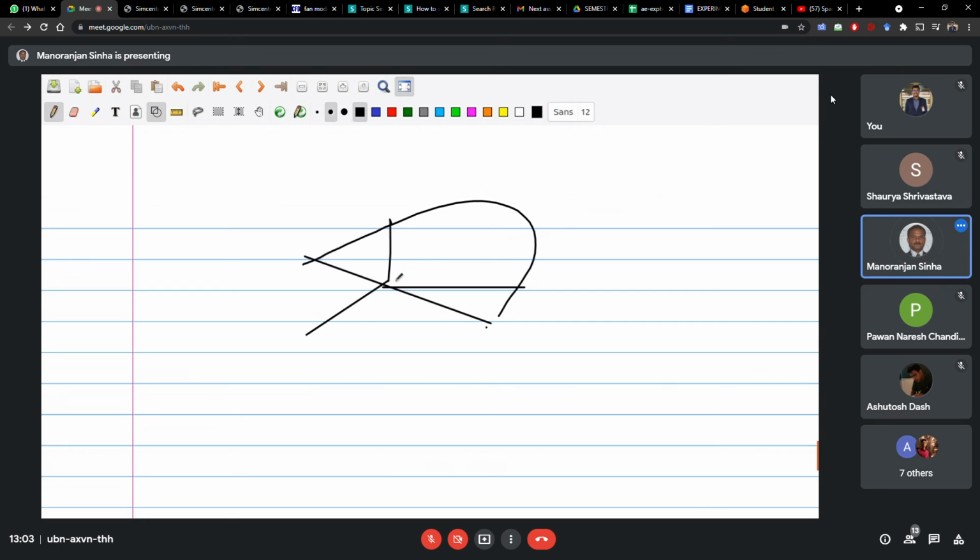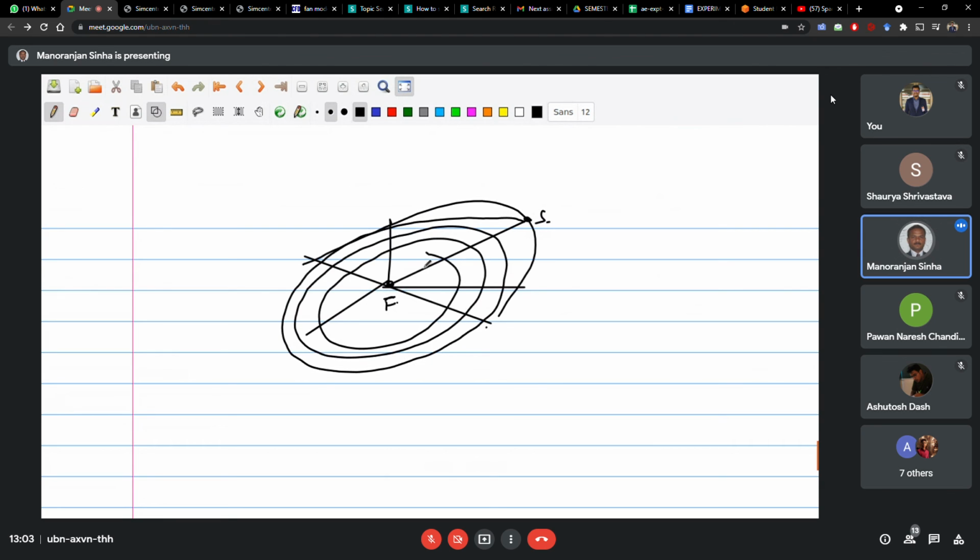In this figure, this is the focus here, and the satellite is here. Continuously this will shrink, that means the orbit will look like this. It's continuously shrinking. This is only an in-plane change, without change of inclination and other parameters.